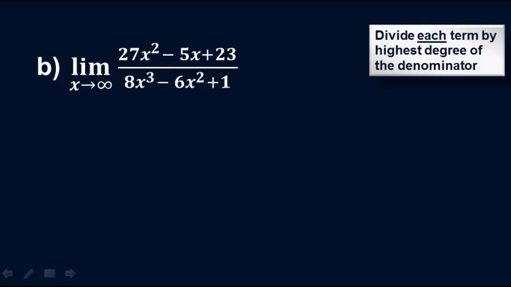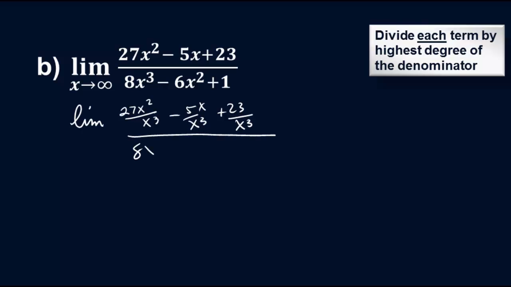So dividing each term, we've got the limit of 27x squared divided by x cubed minus 5x over x cubed plus 23 over x cubed, divided by 8x cubed divided by x cubed minus 6x squared over x cubed plus 1 over x cubed.